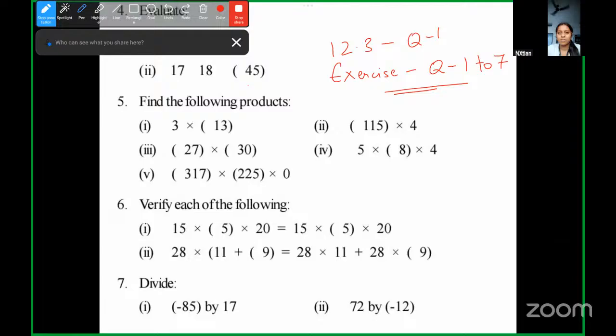When is the quiz, ma'am? Yes, I forgot to tell when the quiz is. We will be keeping the quiz on 21st August.